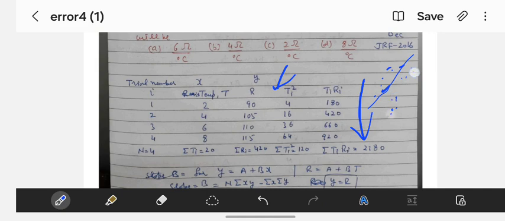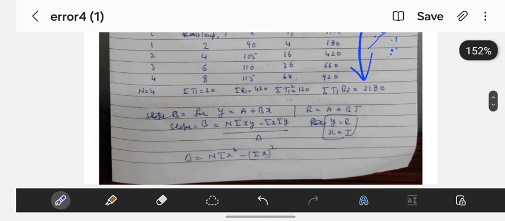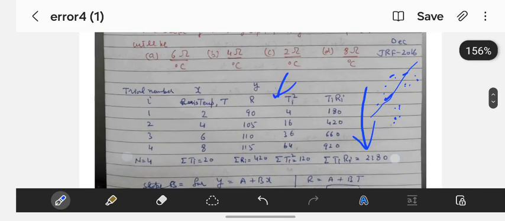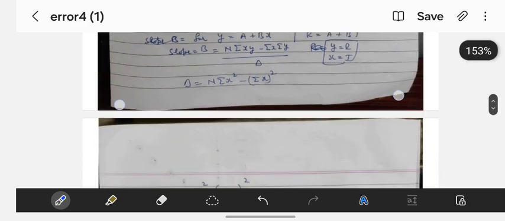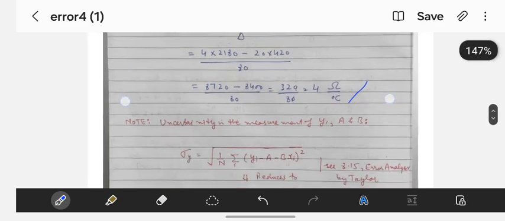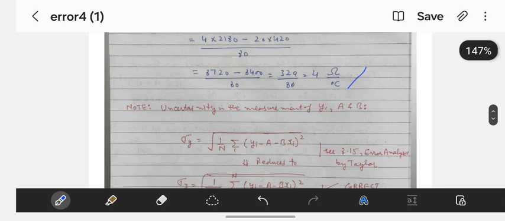So there will be variation in a and b also for different observations. If you get something for this table, then there will be a different table for the same observation, meaning y will be something different. So you will get different a and b each time. That's how we need to calculate the error in a and b, or we need to find the error in y. Okay, uncertainty we call it.